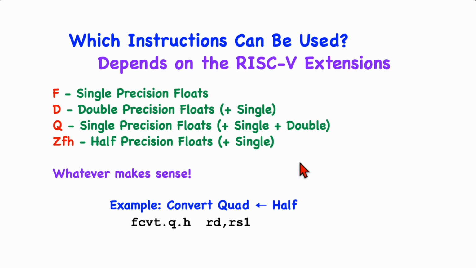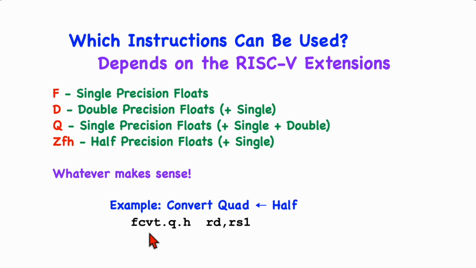And if you try to execute an instruction that's compatible with the options that your core implements, then fine, it will execute. But if you try to execute an instruction that's appropriate only for options that are not implemented, then the instruction will cause an illegal instruction exception, and then trap handling will ensue.